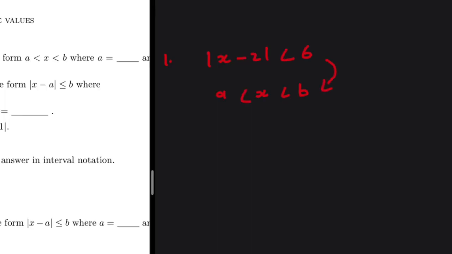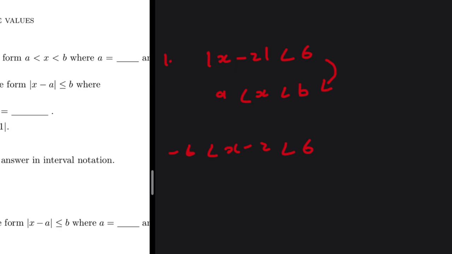Okay, we know fully well that the absolute value of x minus 2 less than 6 will give us minus 6 less than x minus 2 less than 6. Alright, so we add 2 to minus 6 and 6.